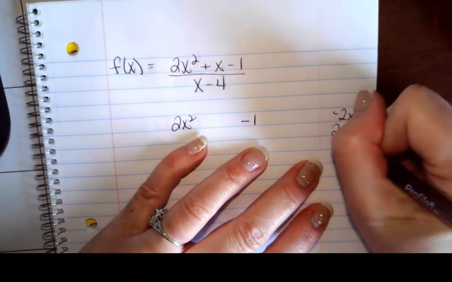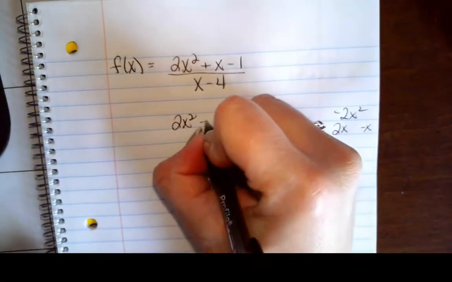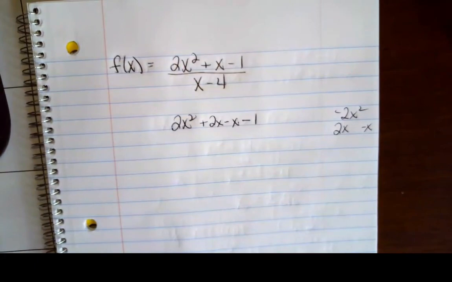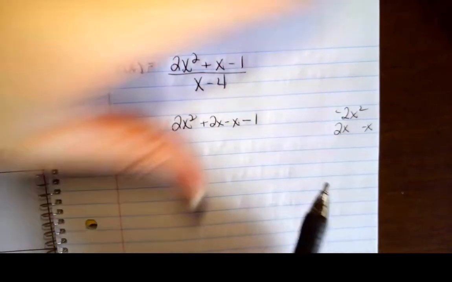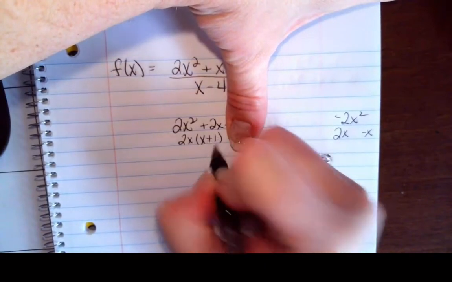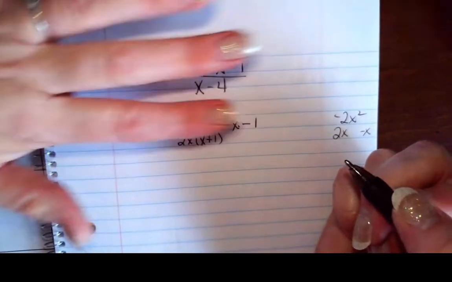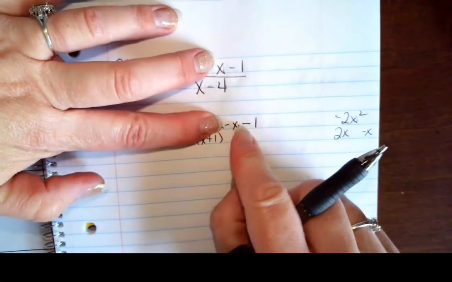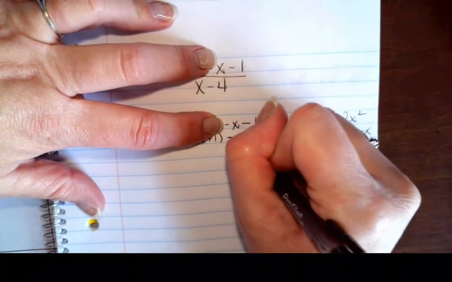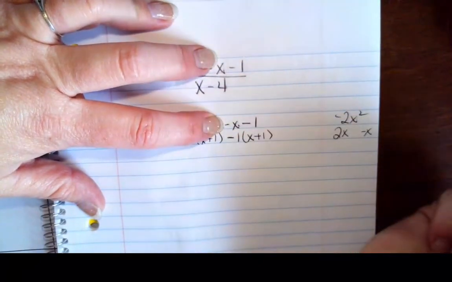So that gives me a positive 2x and a negative x. And then what's common on my first two, I can pull out a 2x, which leaves me with x plus 1. What's common on my last two, math people do not like leading off negative if we can help it, so I'm going to pull out a negative 1, and that'll just change the signs.